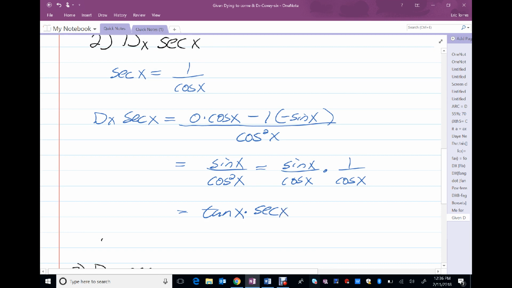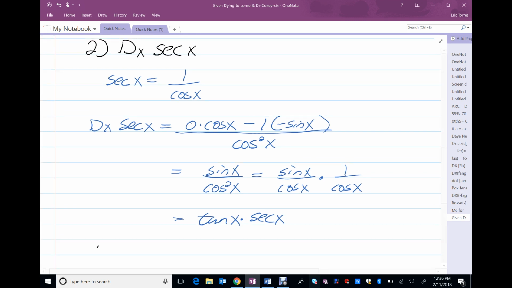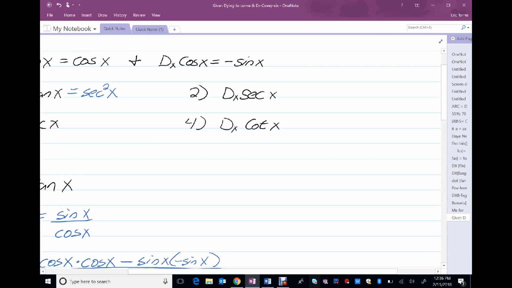So the derivative of the secant of x is tangent of x times secant of x, or secant of x times tangent of x, which is my second property.